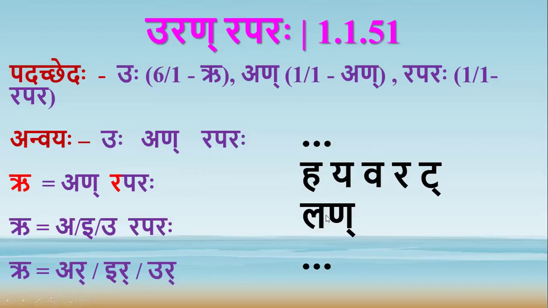But in case of la, the akara after lakara, la is made up of two letters, lakara and akara. That akara is anunasika and it is it. It is not just for the sake of pronunciation. So ra means starting from this repha r up to this akara a.